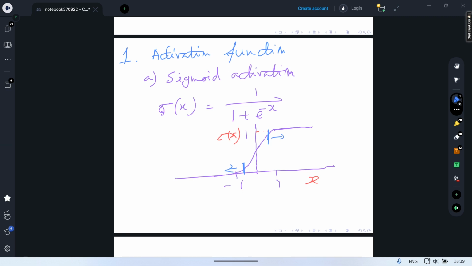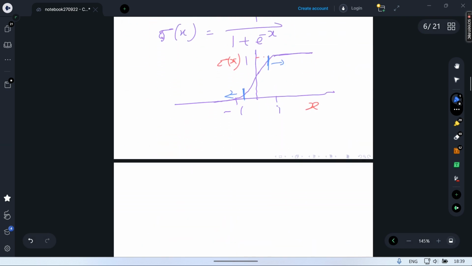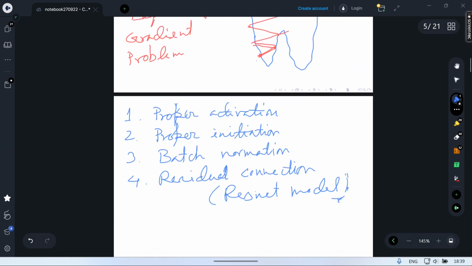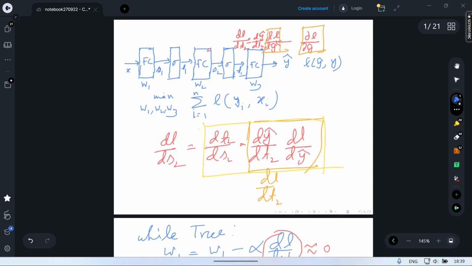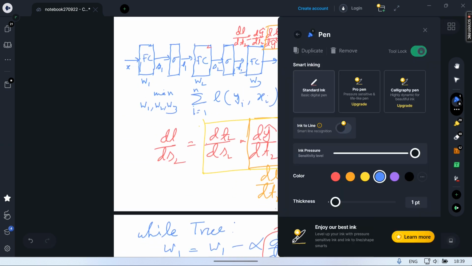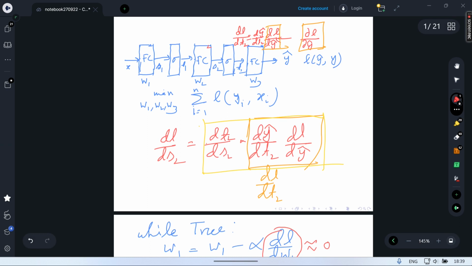So as a result, suppose you use this sigmoid activation function in a deep neural network, what might happen is that the gradient might get killed. For example, you are passing the gradient one layer after another. Now in some sigmoid layer, some gradients become almost zero.